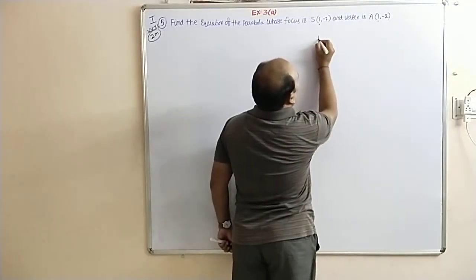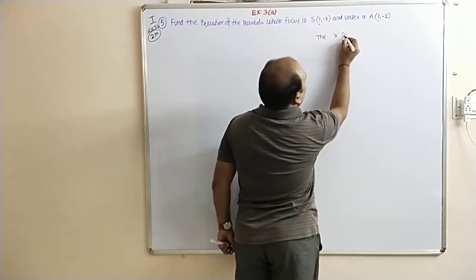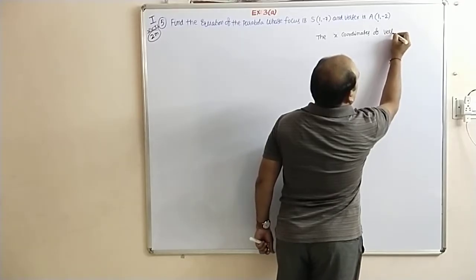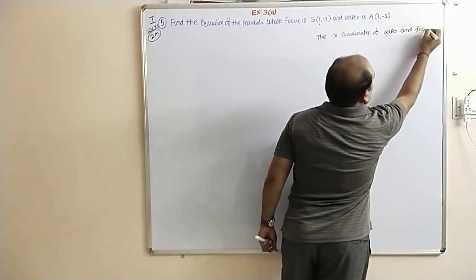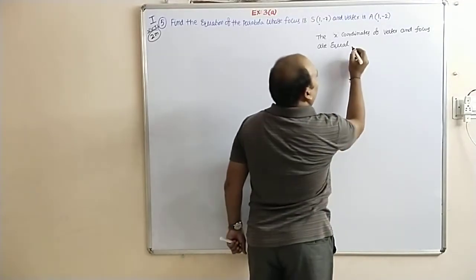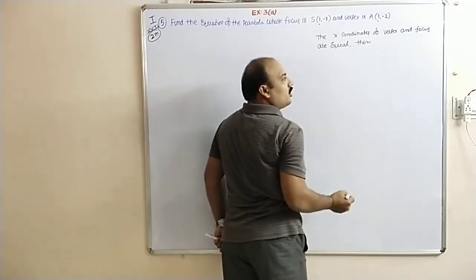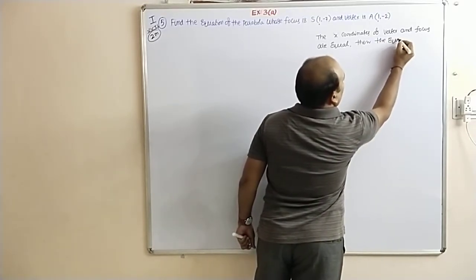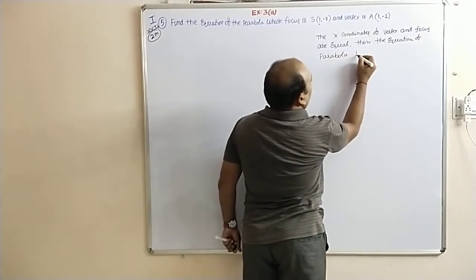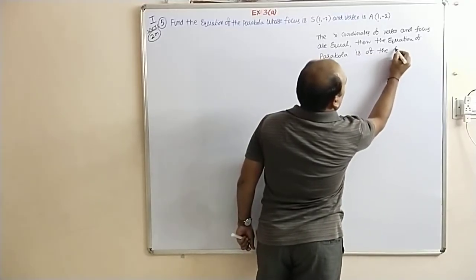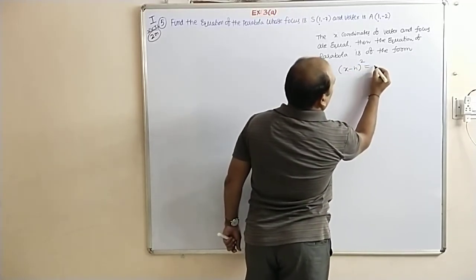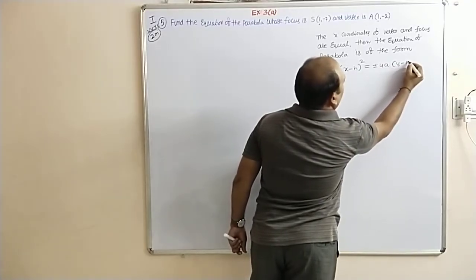Whenever the x coordinates of vertex and focus are equal, then the equation of parabola is of the form x minus h whole square equal to plus or minus 4a into y minus k.